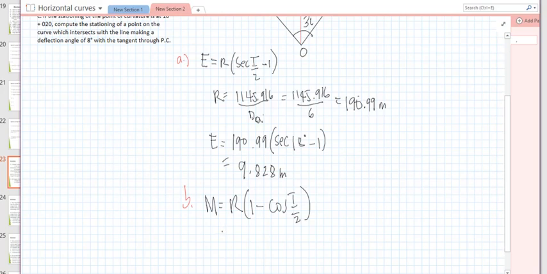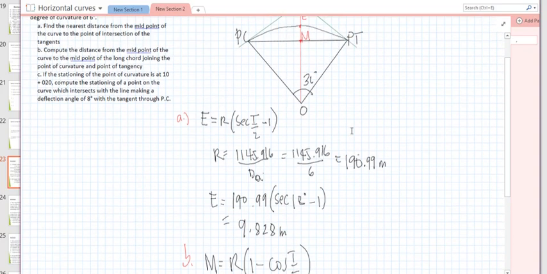Okay, so we already have the value of R, so that is 190.99. 1 minus cosine of 18, so that is equals to 1 minus cosine 18 times 190.99, 9.348 meters.